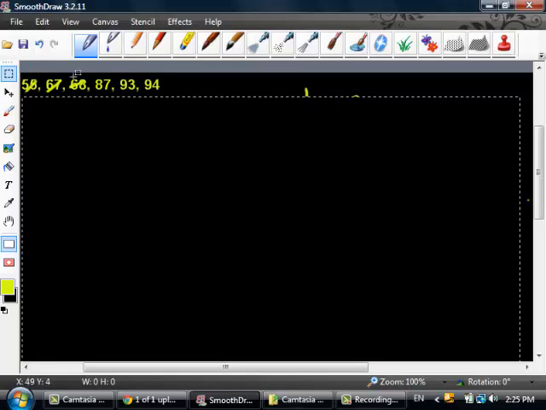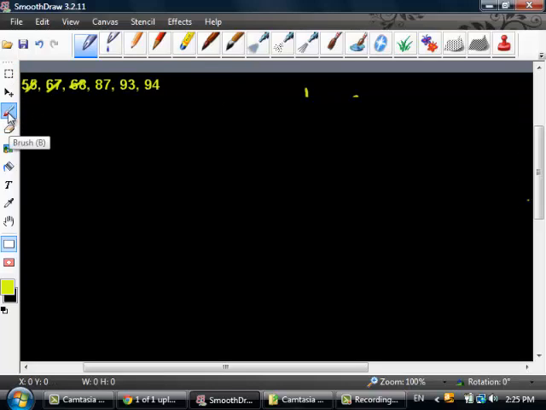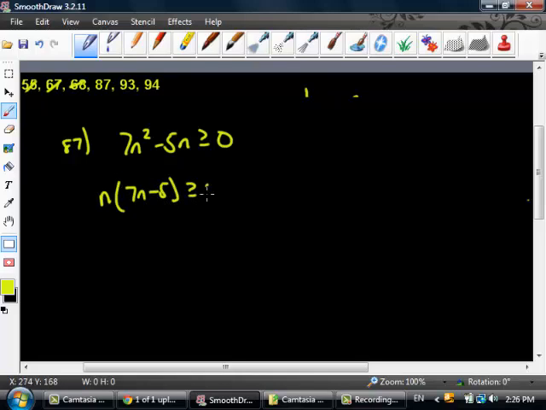Okay, so 87. Oh, another sign chart problem. Okay, this one here. Factor out an n. Oops. Okay, well, we'll do this one anyways. n equals 0, n equals 5 over 7.